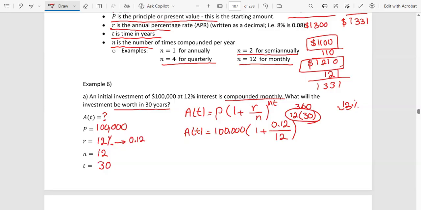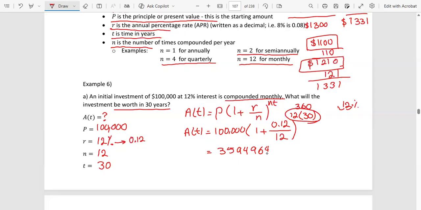So 0.12 divided by 12 plus 1, raised to the power of 360, multiplied by 100,000. So the investment will be worth 3,594,964.